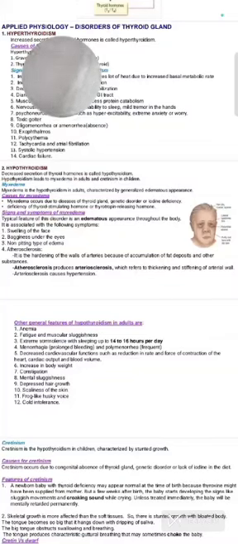So the special feature of this disorder is an edematous appearance throughout the body, and it is associated with the following symptoms: swelling of the face, bagginess under the eyes, and the edema is non-pitting type.